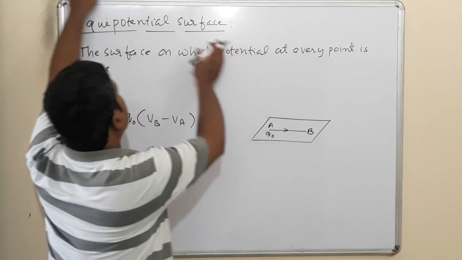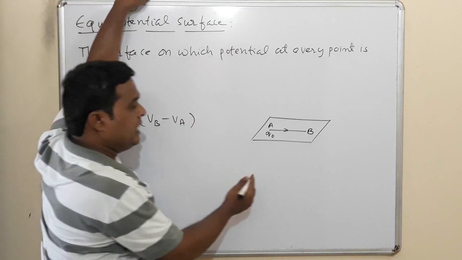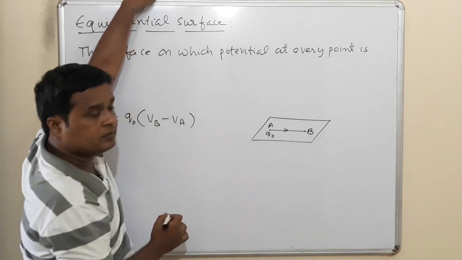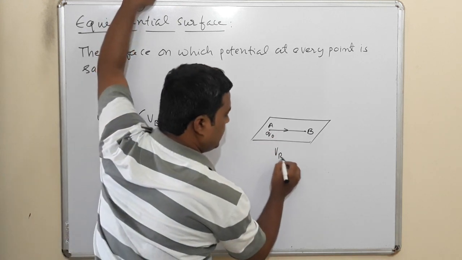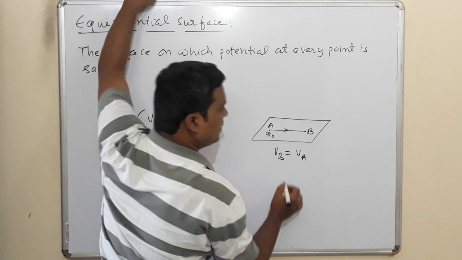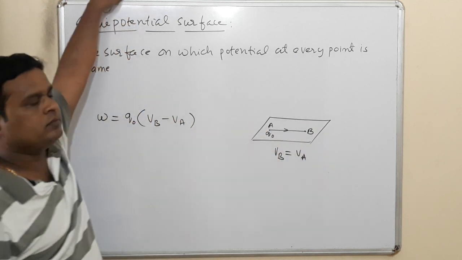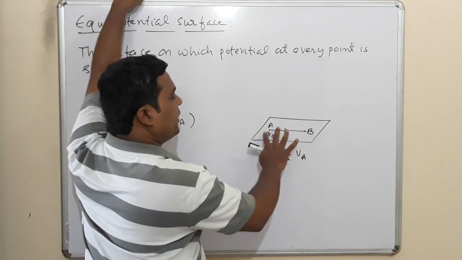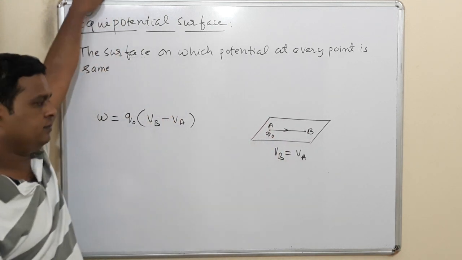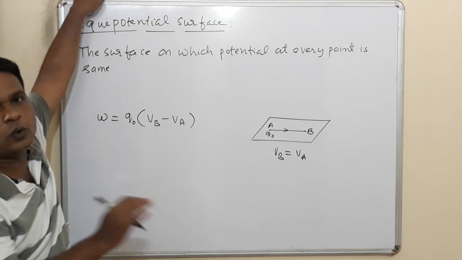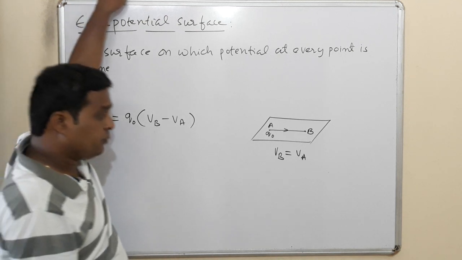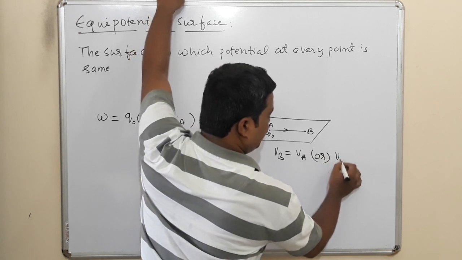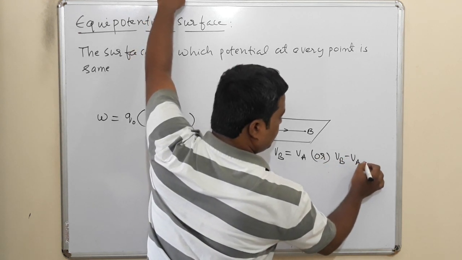But the definition of equipotential surface says that at these 2 points the potential is the same. That means VB is equal to VA. Take any other point also, that will be the same, because an equipotential surface says that at these points the potentials are equal. If VB is equal to VA, then what will be the potential difference between these 2 points?